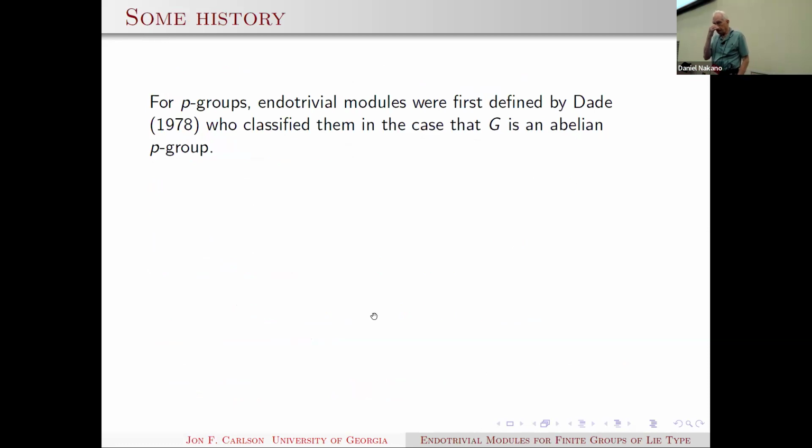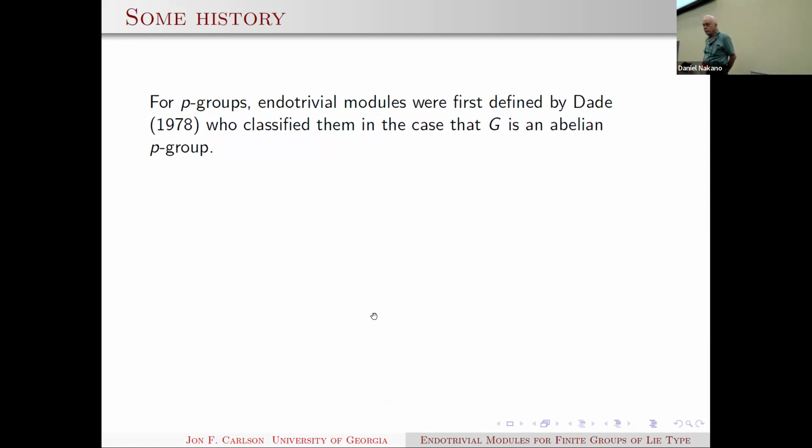Now here's some history. For p-groups, these were first defined by Dade. Actually, John Alperin had a similar definition where he called them invertible modules. But this was 1978 when the paper came out, and Dade classified them in the case that G is an abelian p-group.